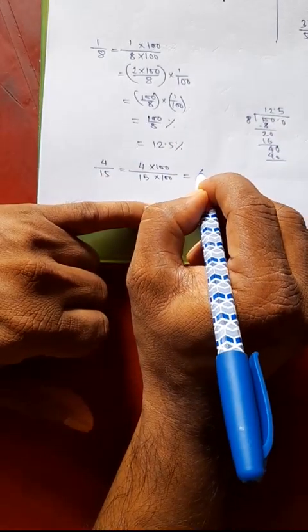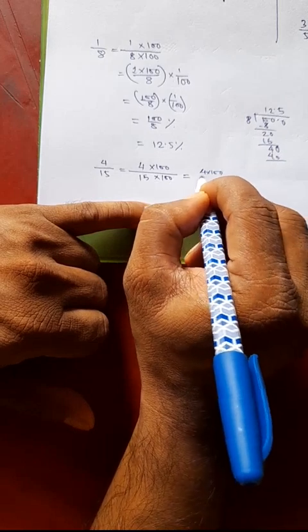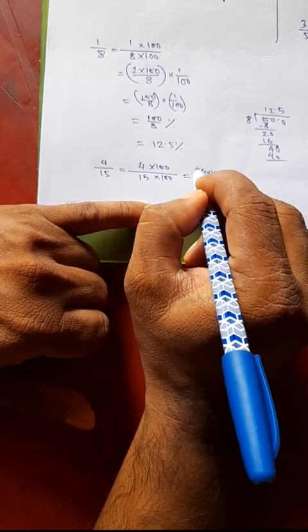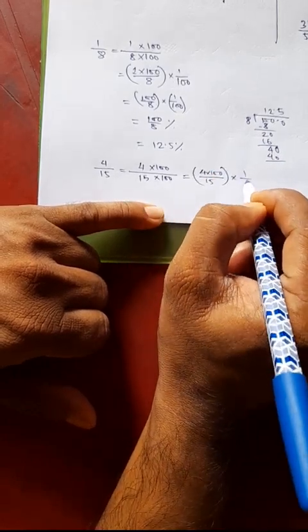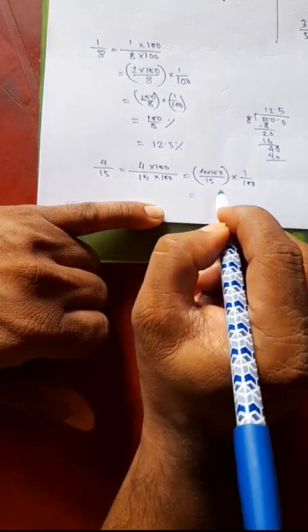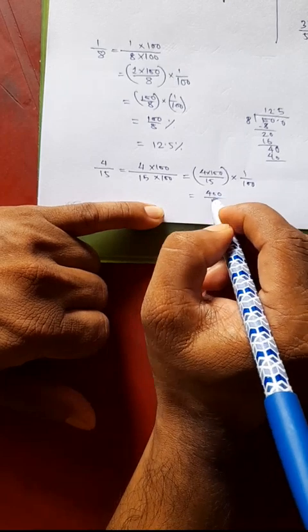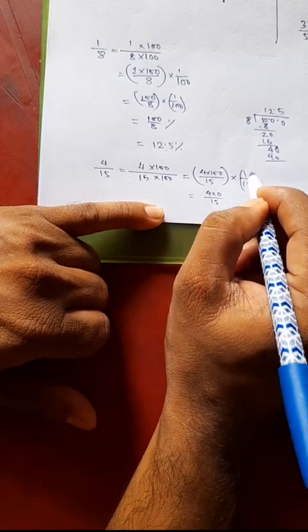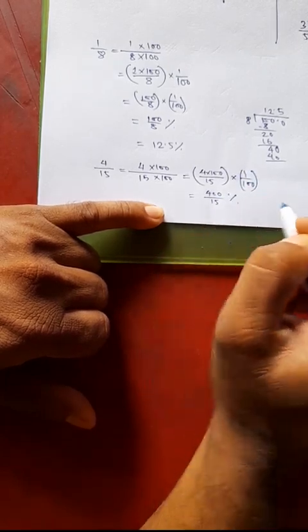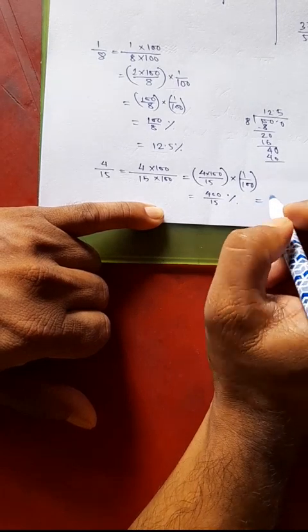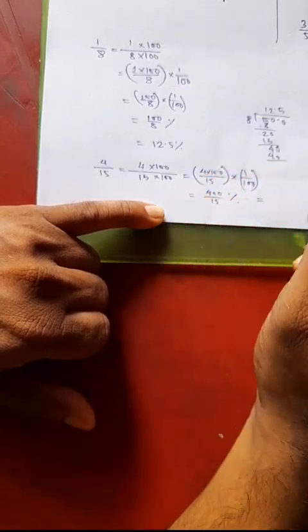We will write it as 4 into 100 divided by 15 into 1 by 100. 400 divided by 15. Now this 1 by 100 can be replaced with the percentage symbol. 400 by 15%.